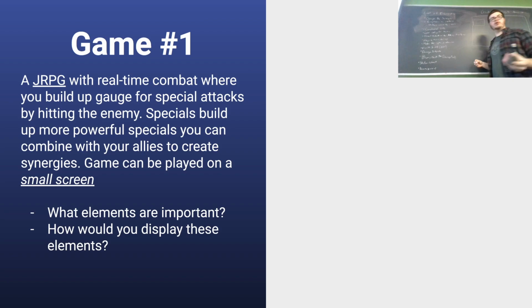We're gonna have meters for health, and a visual indicator for allies, so we'll have little profiles here, where we can see the HP, and maybe have this cut in half for HP and MP.